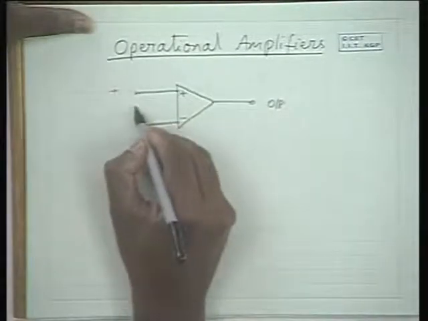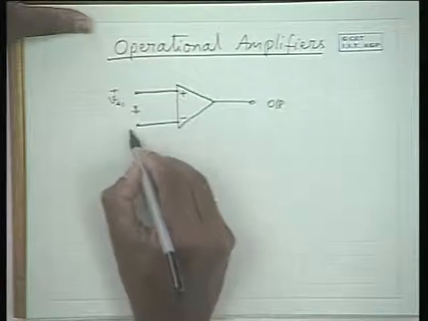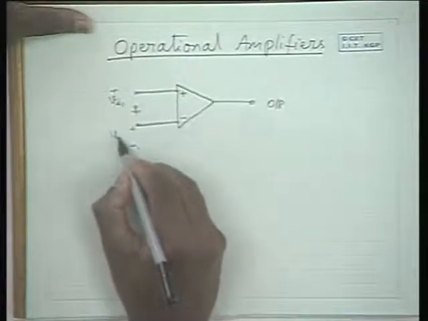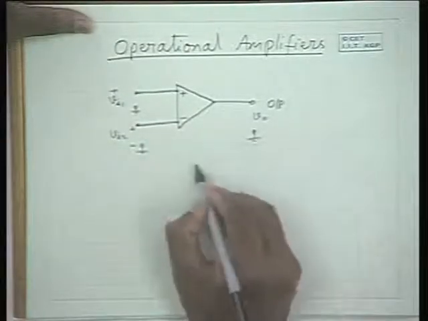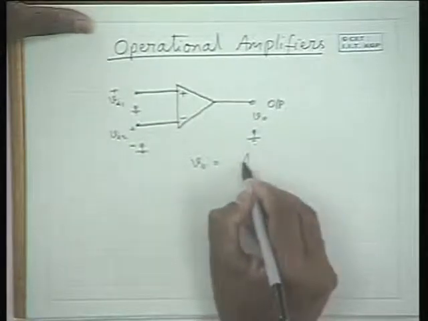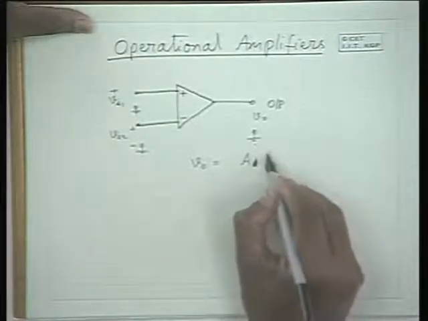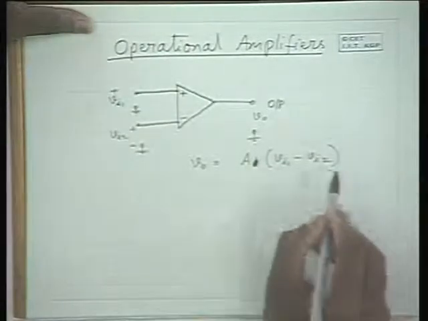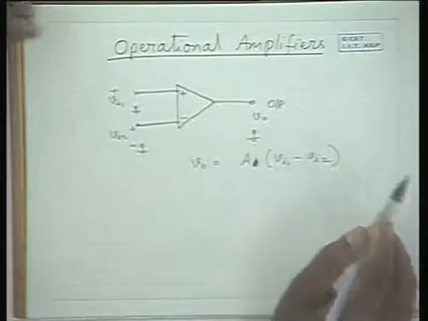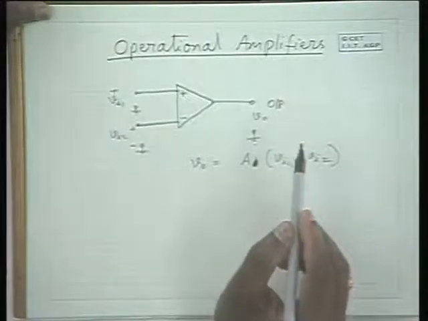That means if you apply here a signal equal to Vi1 and apply here a signal equal to Vi2, what it gives at the output is equal to AD, a strong gain, let me call it A itself, times Vi1 minus Vi2. So, it amplifies the difference signal. The common mode rejection ratio is very high and the common mode gain is almost 0.